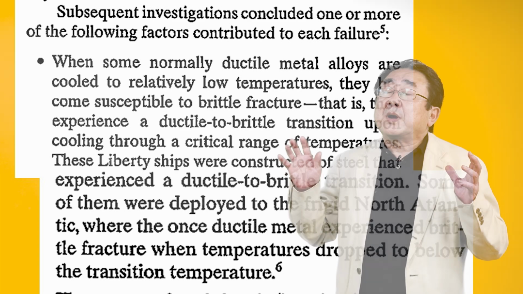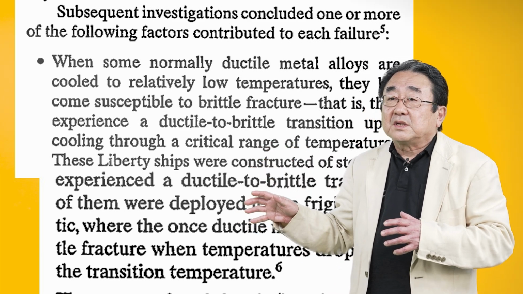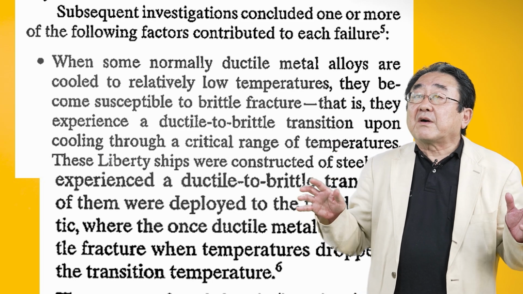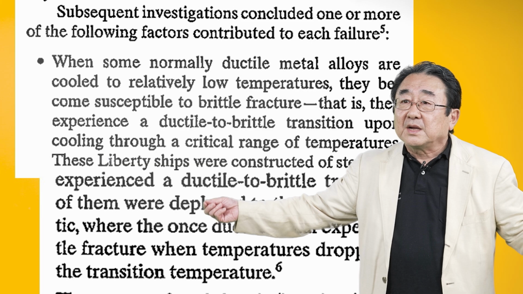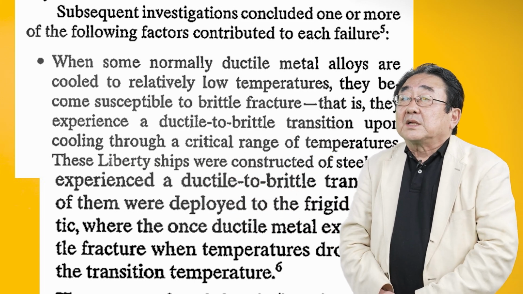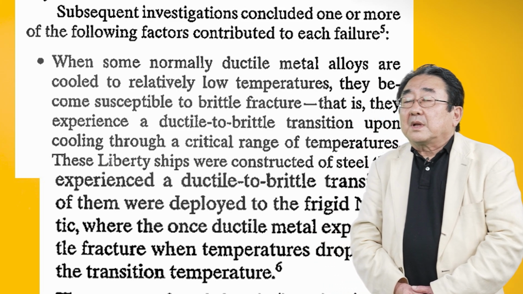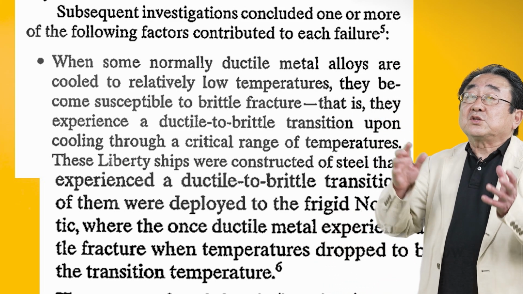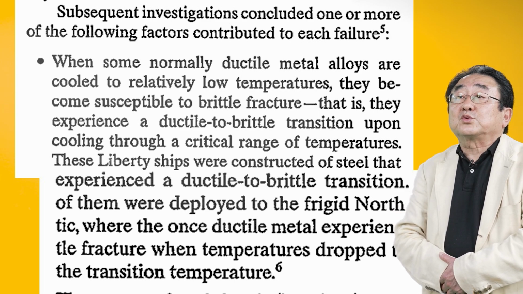Normally, at room temperature or in a hot environment, this metal alloy shows very high ductile elongation. But in the cool condition, that ductile property changes to brittle. So that is the ductile to brittle transition.